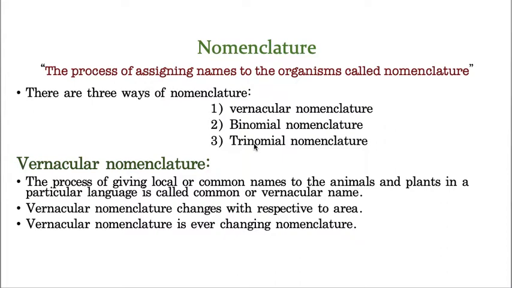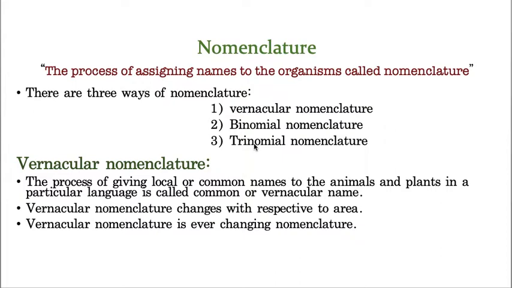Identification means if you find one organism which you don't know anything about, then what will you do? You will take this newly identified organism and start comparing it with previously existing organisms which you actually know.